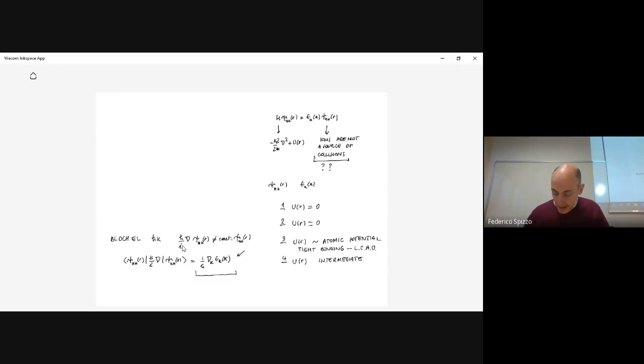U of R, the intermediate picture, will be handled using the pseudopotential method. And the pseudopotential method is a method based on the integration within the potential of both the contribution of the ions and also the contribution of the core electrons.